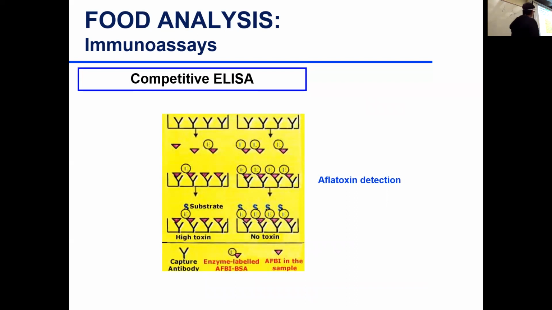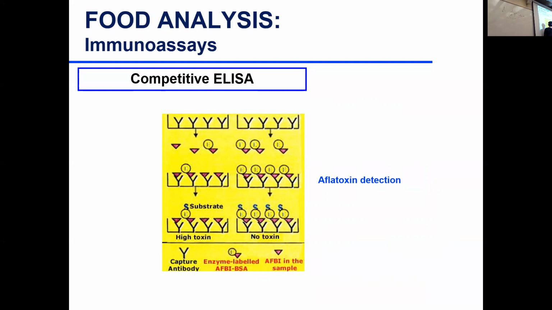Here's an example of measuring presence of aflatoxin. If I have a lot of aflatoxin, high toxin here, I have low absorption because I have less labeled bound, because it's competition. When I have the highest absorption possible, that means I don't have any aflatoxin in my sample.